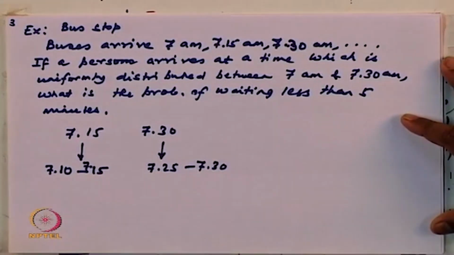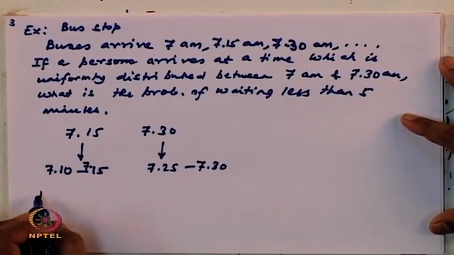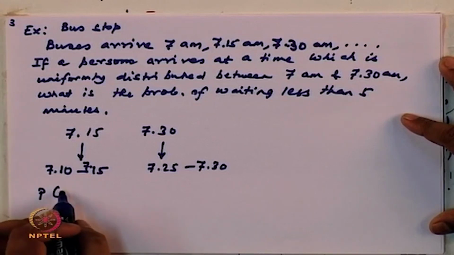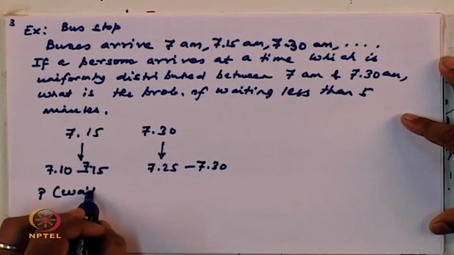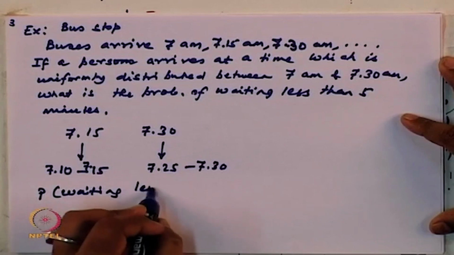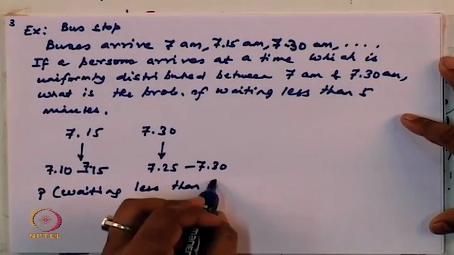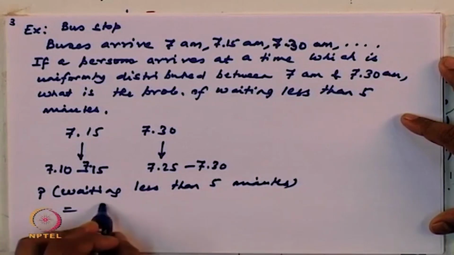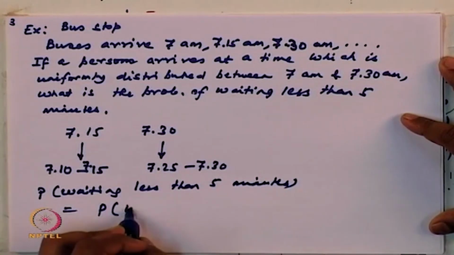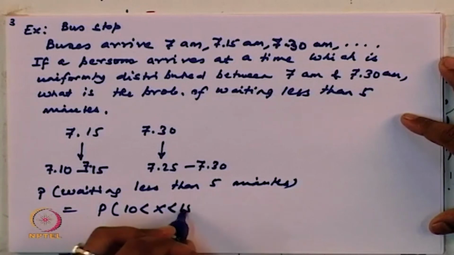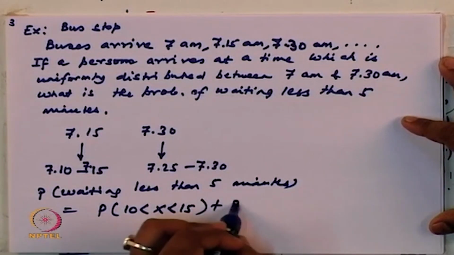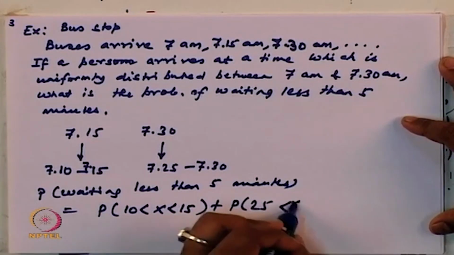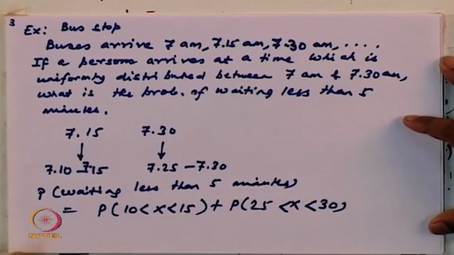So, what is my probability? The probability of waiting less than 5 minutes is the probability of 10 less than x less than 15 plus the probability of 25 less than x less than 30.